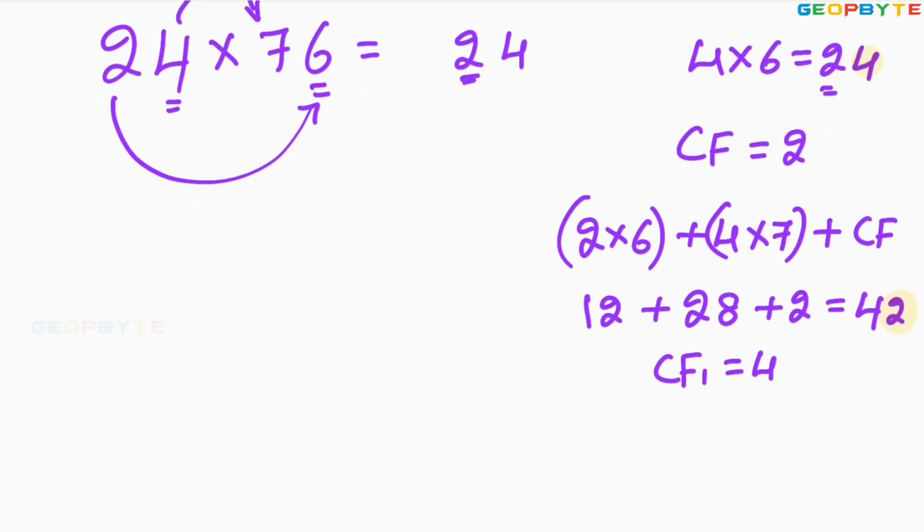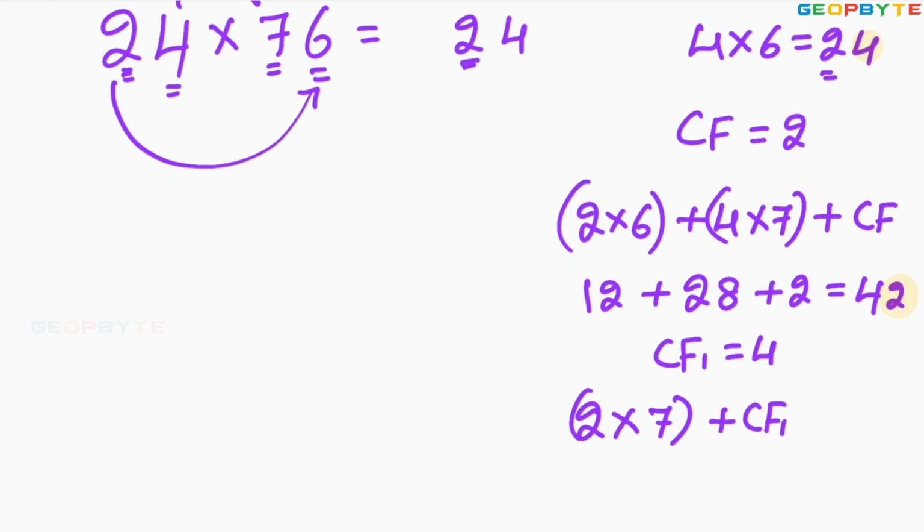Then what you do? You multiply 2 and 7. For that add the carry forward 1 for getting some value. 2 into 7 is 14 plus carry forward 4 is 18.